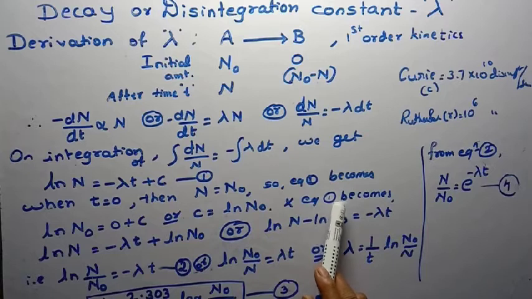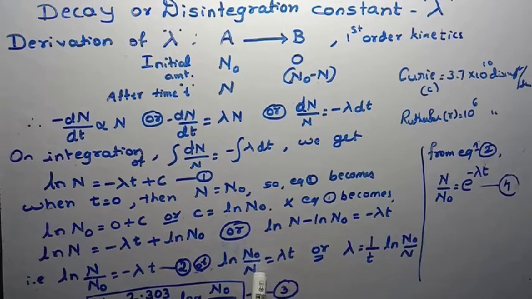Now by putting this value in equation 1, ln N is equal to minus lambda t plus ln N0. Rearranging the terms, ln N minus ln N0 is equal to minus lambda t, so ln N by N0 is equal to minus lambda t.